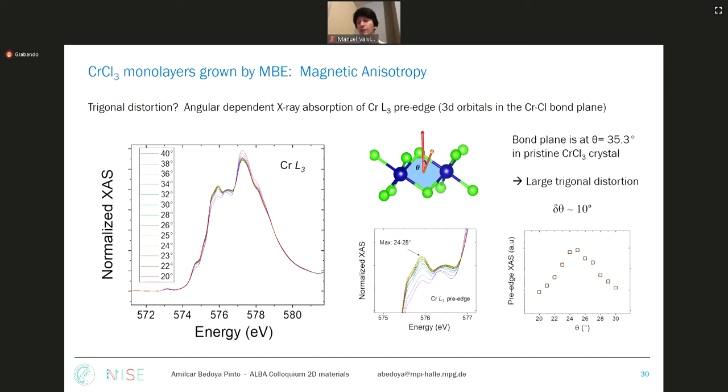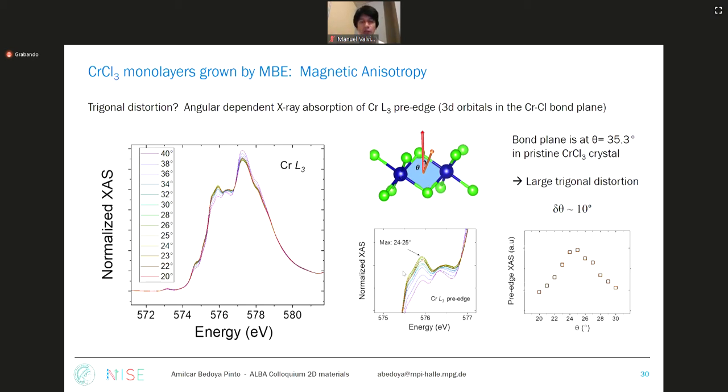So we grow this by MBE, but still there are grain boundaries, and there are other cases where you can have a distortion. And indeed, what we did is not a very direct measurement, so it's not X-ray diffraction. You don't resolve the lattice constant, but you try to catch the bond plane and the bonding angle of this octahedra, and then you do angular dependent X-ray absorption measurements.